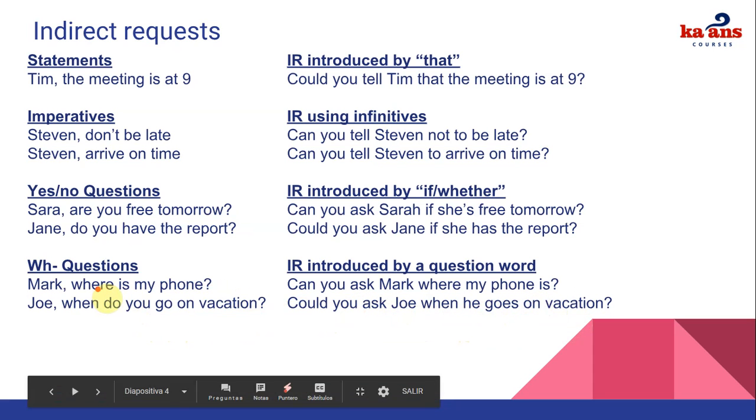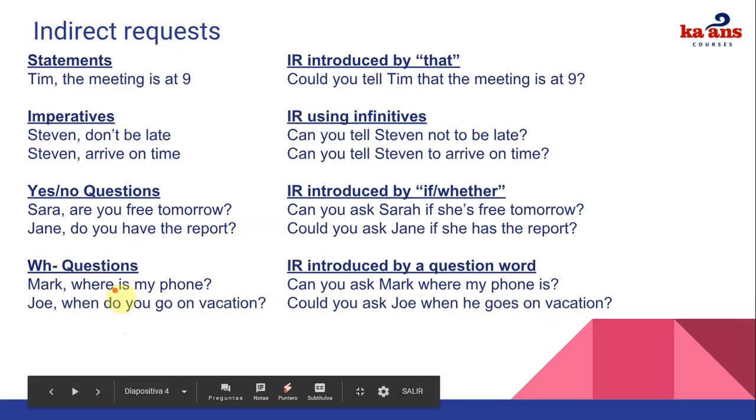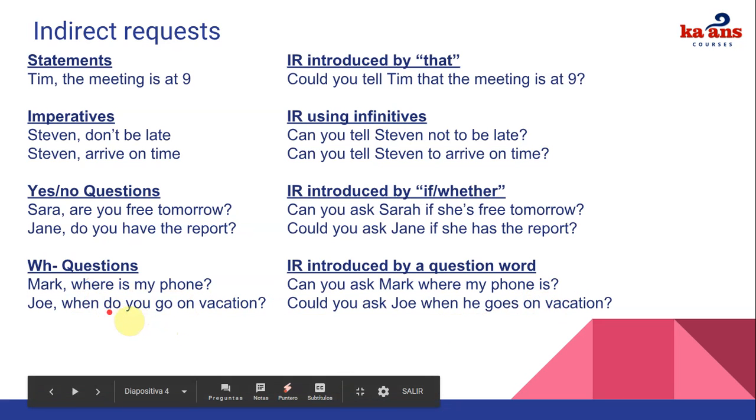Okay, so as you can see, when we have a question, we have where, and then we have the auxiliary is or do. So if it is, the auxiliary or the verb be is going to go at the end. If you have the auxiliary do with a verb, then it will disappear. So you have when, and then do, you don't see it here, right? So we're going to get rid of the auxiliary, in this case do.